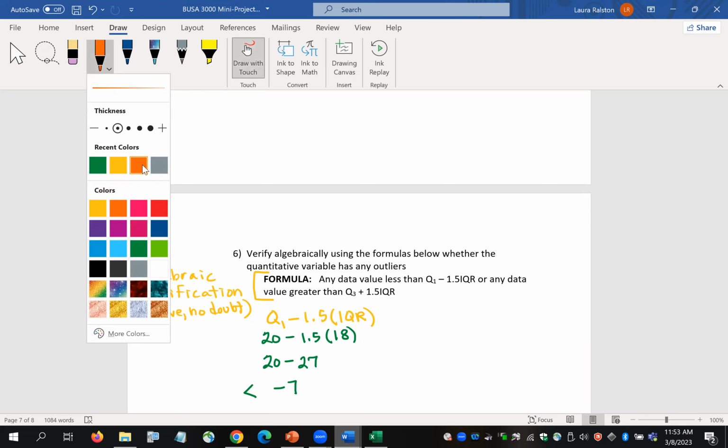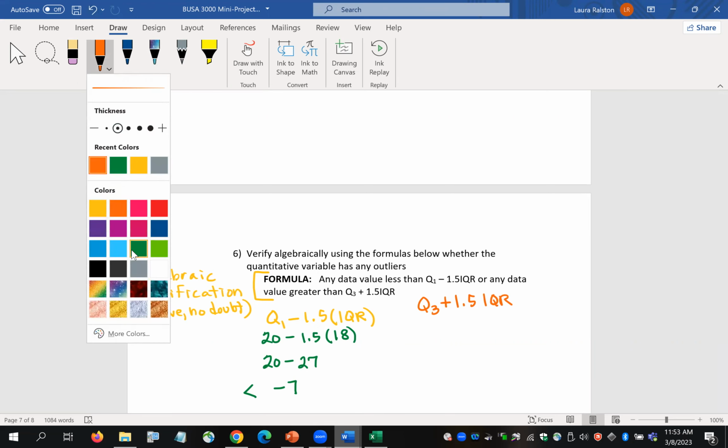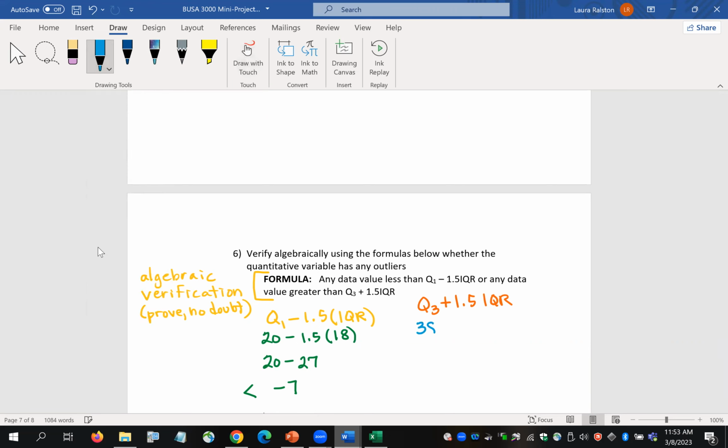But then if I consider the other end, we have Q3 plus 1.5 times IQR. I plug those numbers in. Q3 was 38 plus 1.5 times the IQR of 18. All those numbers come from Minitab. We have 38 plus 27, which is 65.